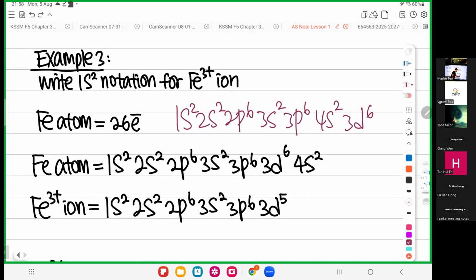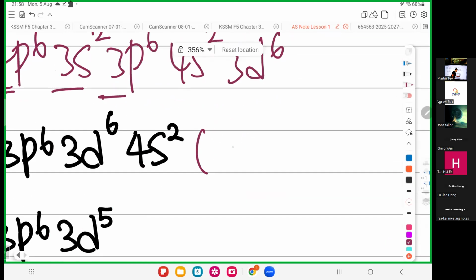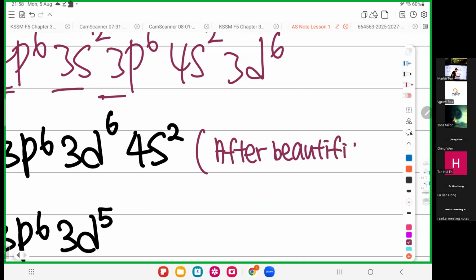So now, do we need to beautify? Yes, we need to beautify. So first floor, second floor, third floor, fourth floor, third floor, not good. Beautify. So this is the electron arrangement after our beautification.